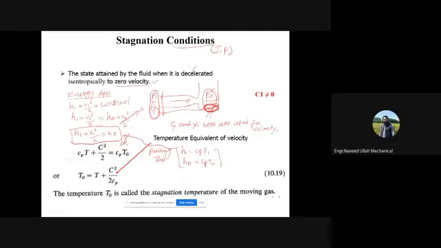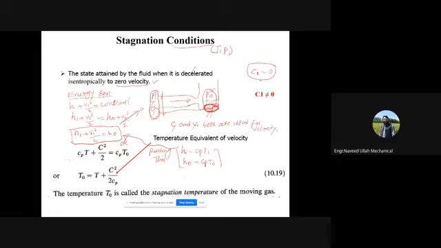Let me tell you why we are discussing these stagnation conditions: later on we will be talking about jet propulsion. If you remember, even in the nozzles we were considering that C1 is equal to 0. But in essence, particularly with ramjets, turbojets and aircraft, this C1 is not 0.